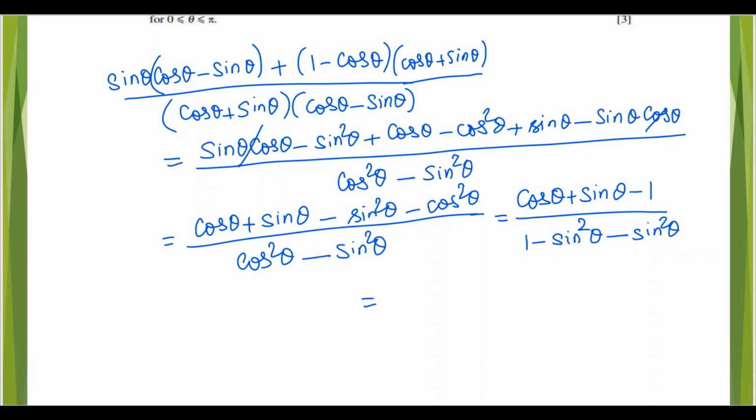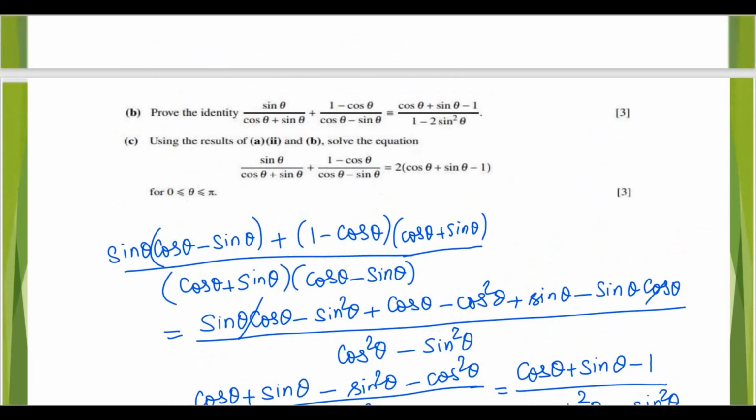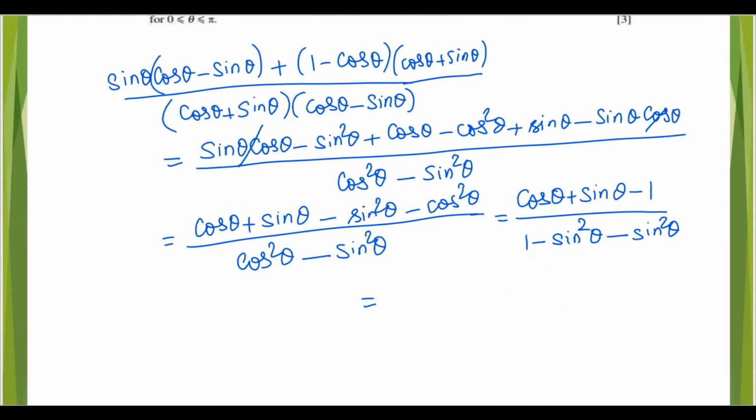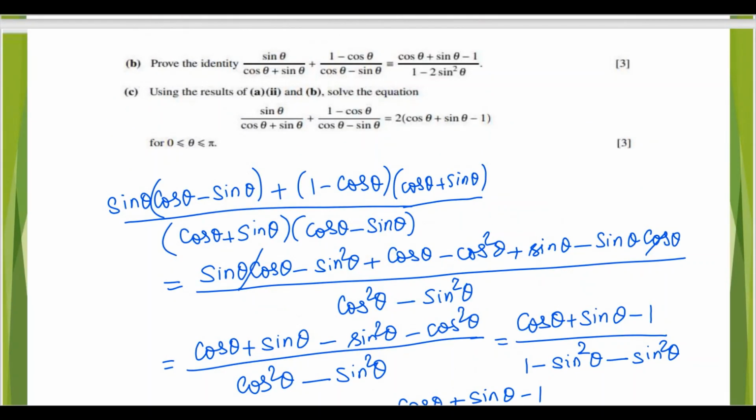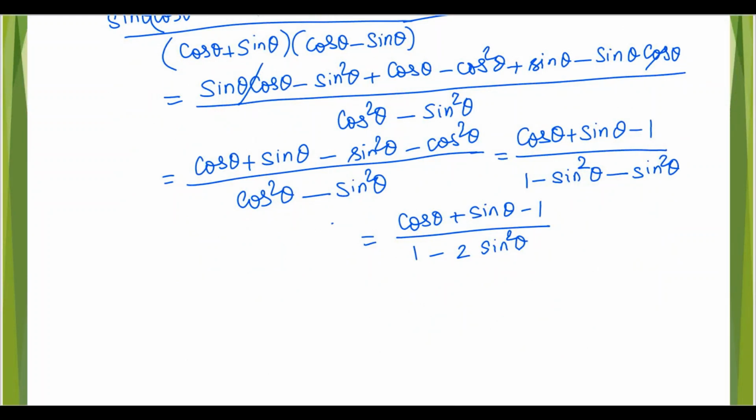So this is equal to cos theta plus sine theta minus 1 divided by 1 minus sine square theta minus sine square theta. That is 2 sine square theta, which is the required one. So we proved it.